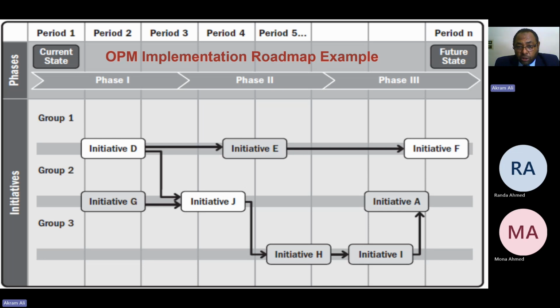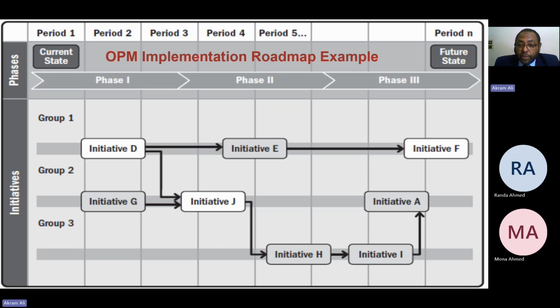The implementation roadmap depicts the high-level, short-term, and long-term milestones for implementing the required initiatives to achieve the future state. The implementation roadmap helps the implementation team to view all initiatives, their estimated start and stop dates, and relationships to other initiatives, for example, predecessor and successor relationships.